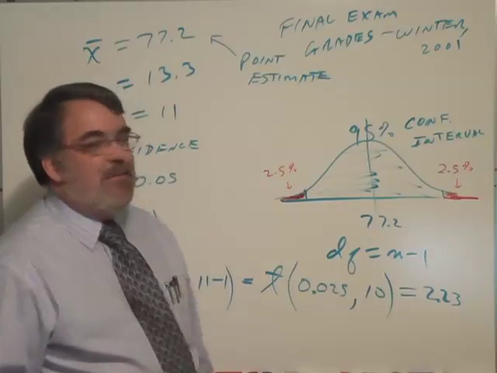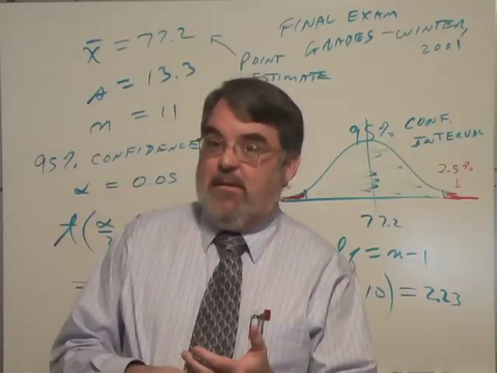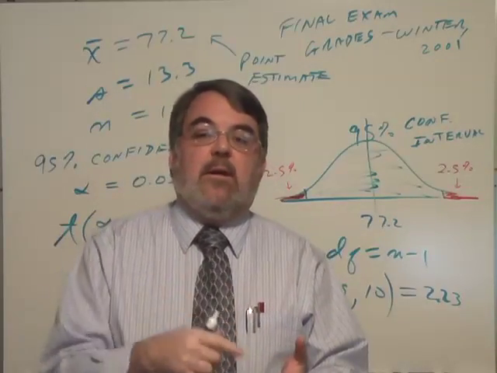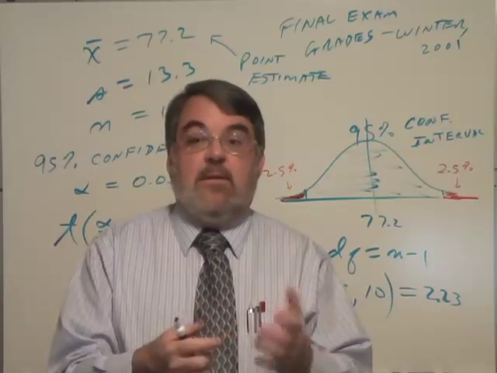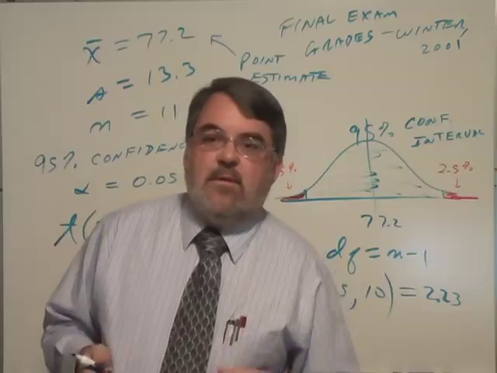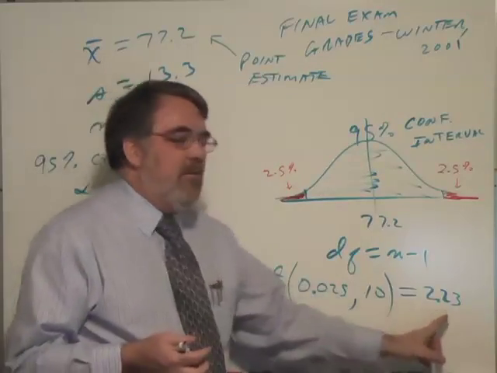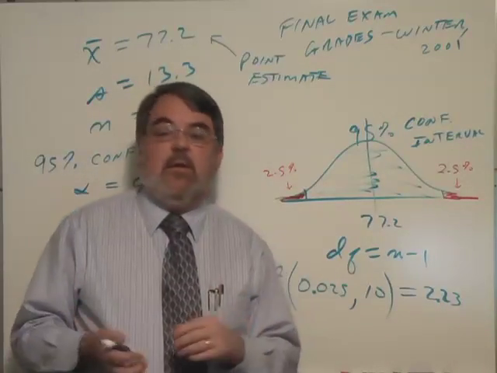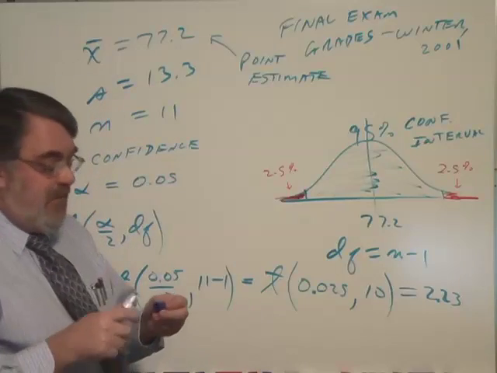And that's because we're using a sample standard deviation. We're using the small sample. This is what the student's t-distribution is designed to handle. So to be more precise, we need to use 2.23 standard deviations in our calculations.